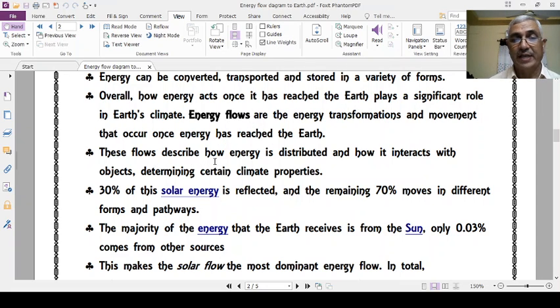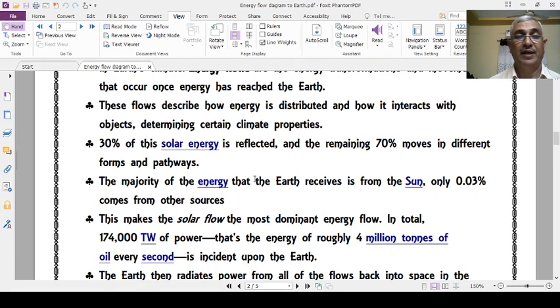These flows describe how energy is distributed and how it interacts with objects, determining certain climatic properties. How these energy flows are distributed and interact decides the climatic properties in the atmosphere of the Earth.